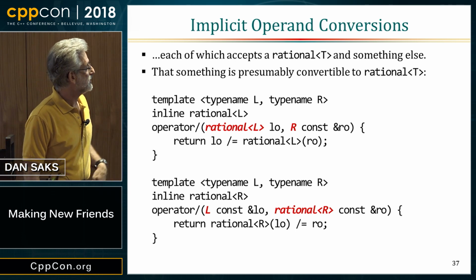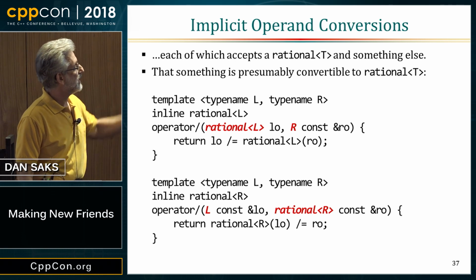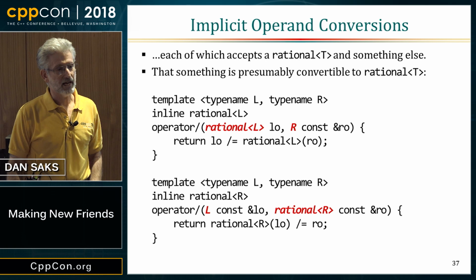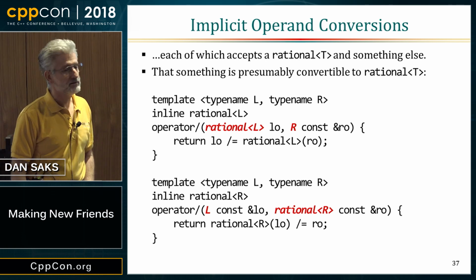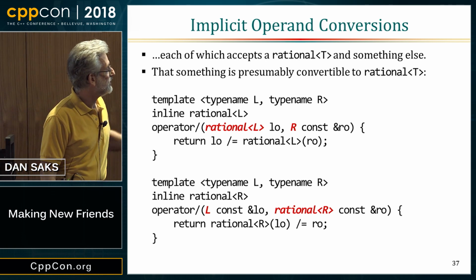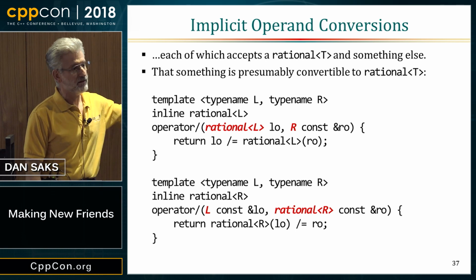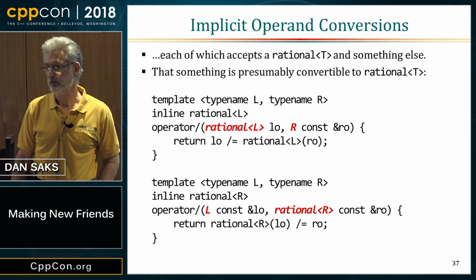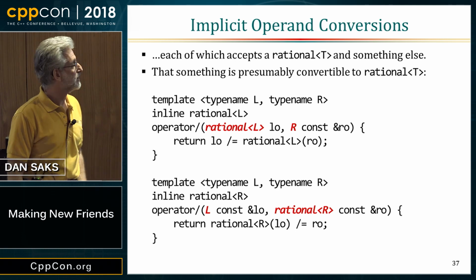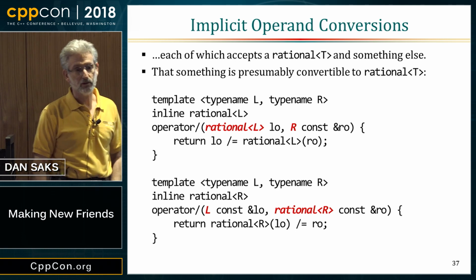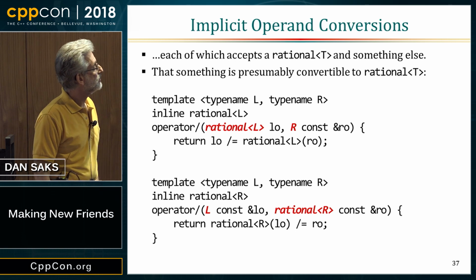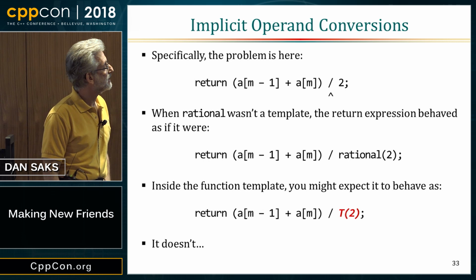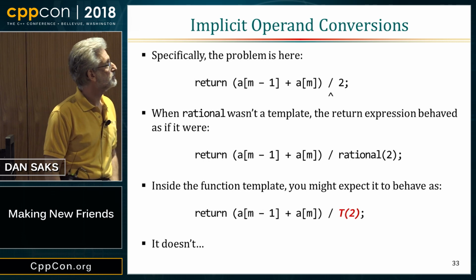Now, the presumption is that whatever the type of R is, it's a type that's convertible to the type of rational of L, for example. And if that conversion doesn't exist, you'll get a failure inside the template instantiation. But on the presumption that that conversion exists, it turns out this works. This will allow you to write this original expression back there, the one that's marked at the top.